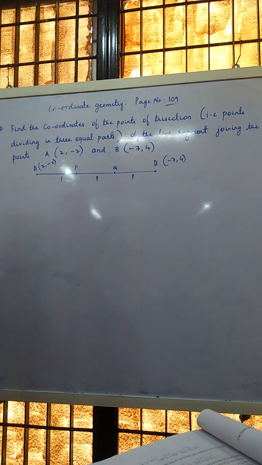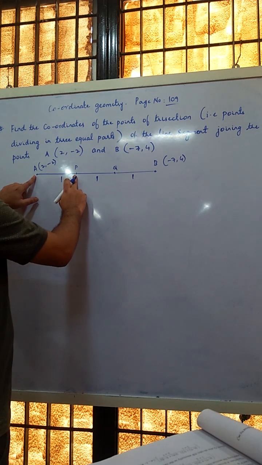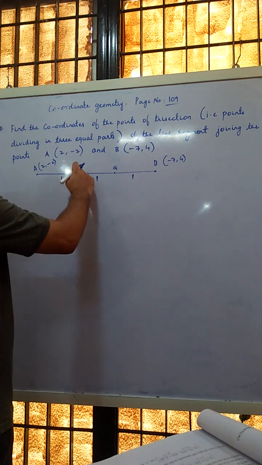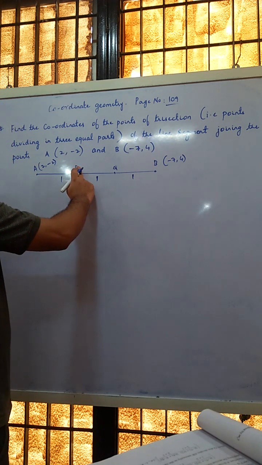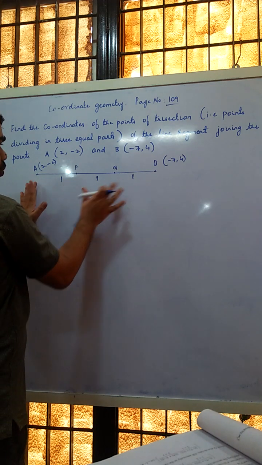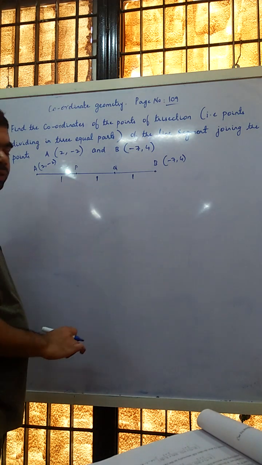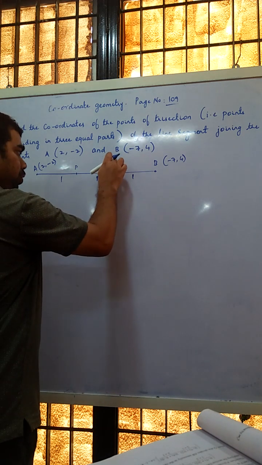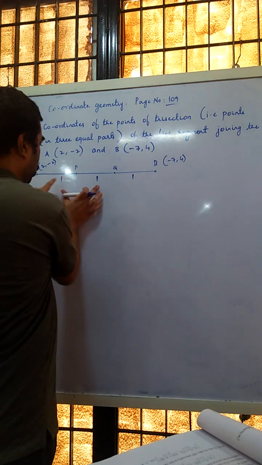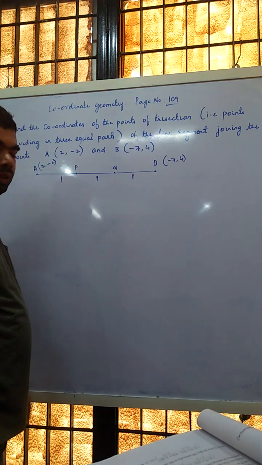Now, how do I find the coordinates of point P? See, point P is dividing line segment AB in the ratio 1:2, one part to 2 parts. And point Q is dividing the line segment AB in the ratio 2:1.